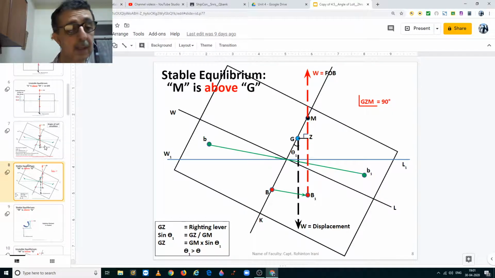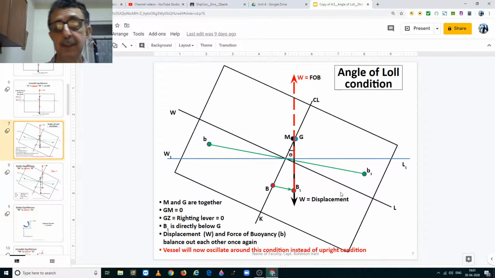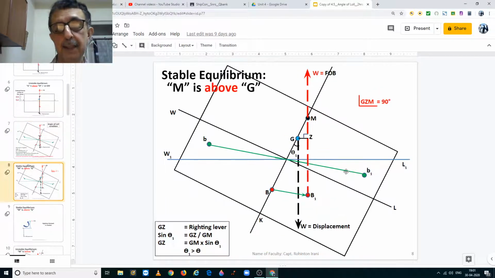Now, at the angle of loll condition, let us say she is at an angle theta. In this condition, she is at an angle equal to theta 1. Theta 1 is greater than theta when a righting lever is generated to bring her back to the angle of loll condition.